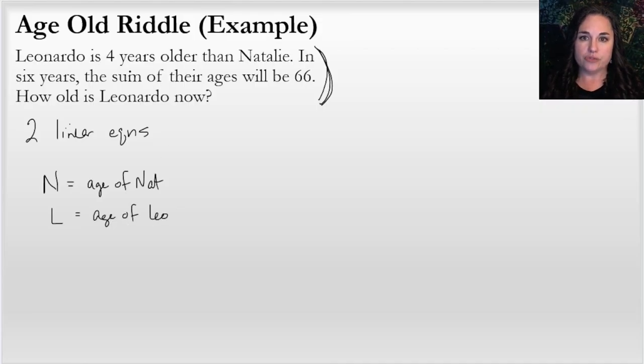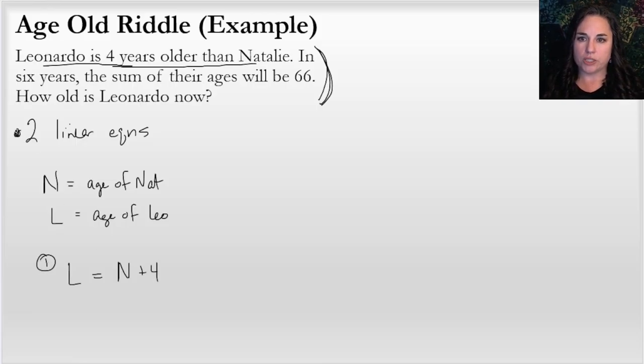And this first statement gives me an equation. You can parse it into an equation. The age of Leonardo is, we know is an equal sign, 4 more than Natalie. So I'm going to take Natalie and add 4. And that is my first equation.